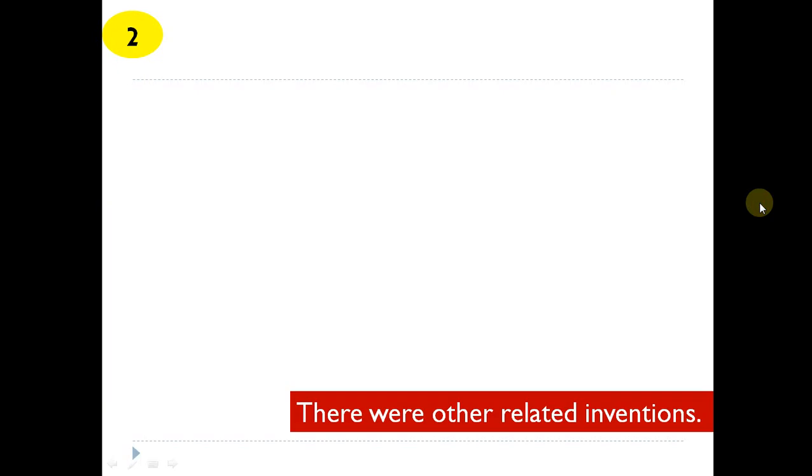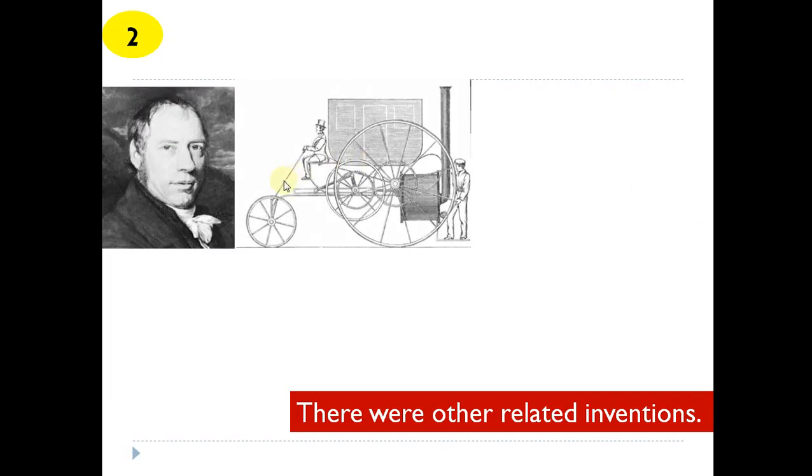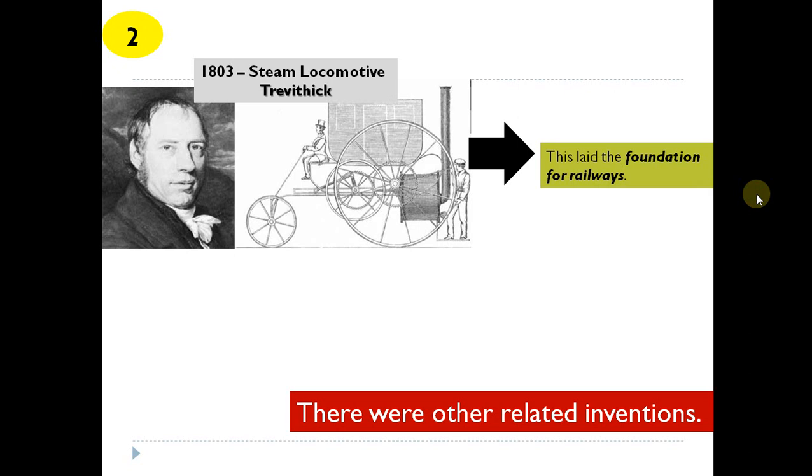Another example, the steam engine was used by this guy Trevithick to come up with a steam locomotive. So now we have a steam engine which could be used to transport a heavy load from one place to the other. The foundation for the railway was laid.